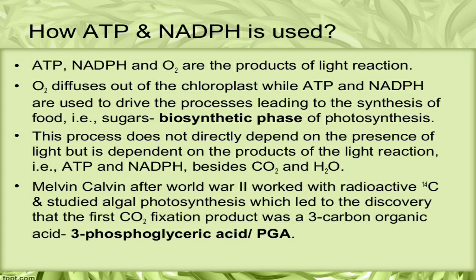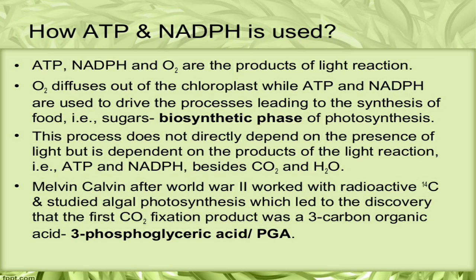How are ATP and NADPH used? ATP and NADPH are the end products of light reaction. ATP, NADPH and O2 are the products of light reaction. O2 diffuses out of the chloroplast while ATP and NADPH are used to drive the processes leading to the synthesis of food, that is sugars, carbohydrate.